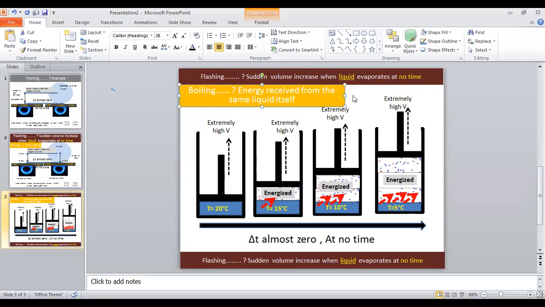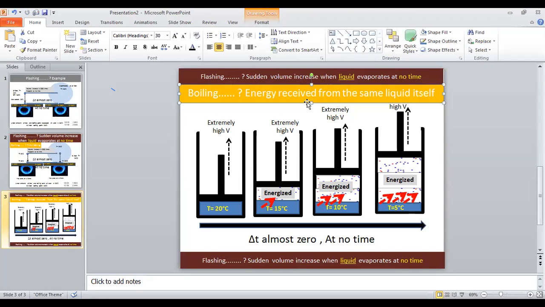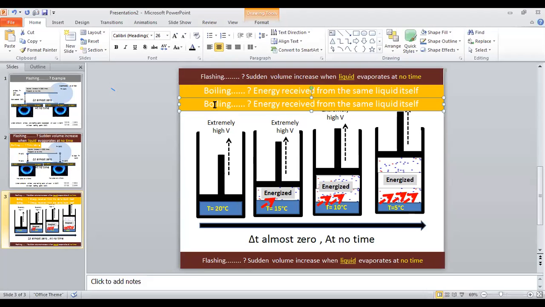So the liquid temperature drops. So this is what we would call low temperature boiling.